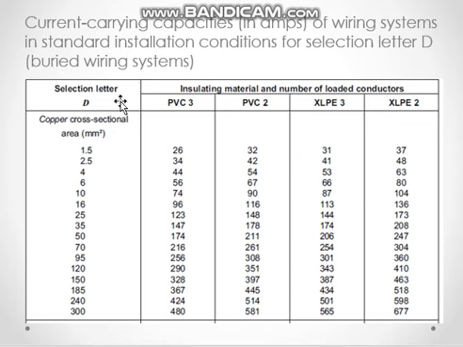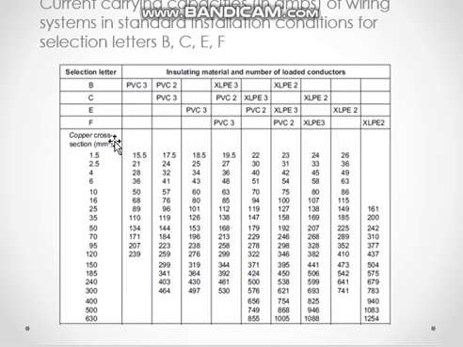So for this cable, for example, you have letter C, then you have single phase. These 3 stand for 3 phase, these 2 stand for single phase, phase and neutral. This is the range for PVC, and this is the range for XLPE, but most of the time we use PVC as it is the insulation which is not expensive compared to XLPE.